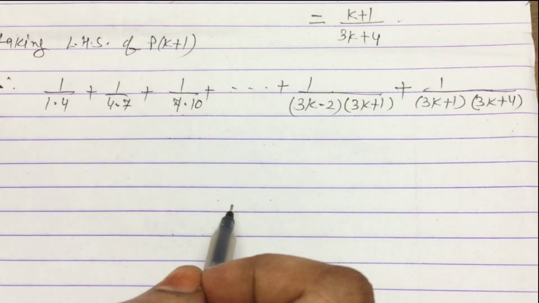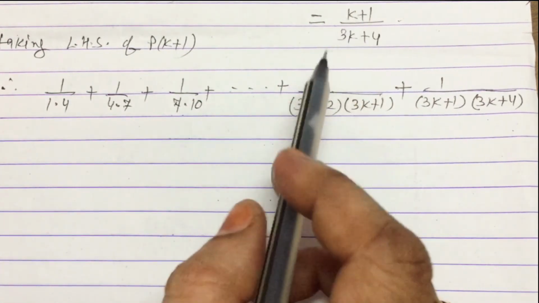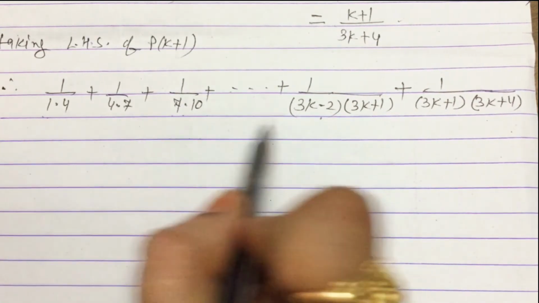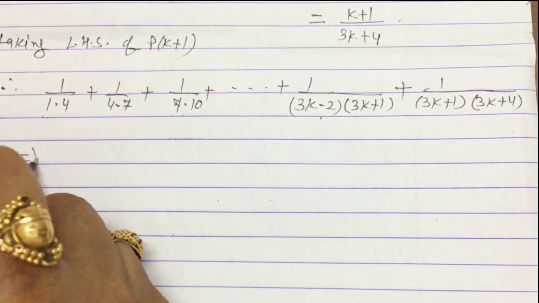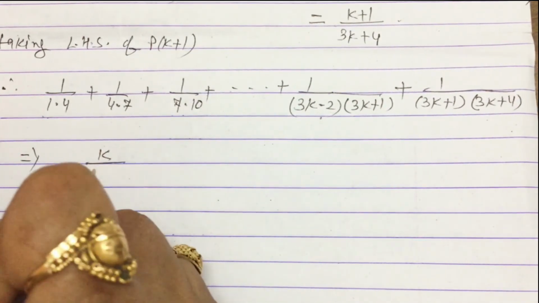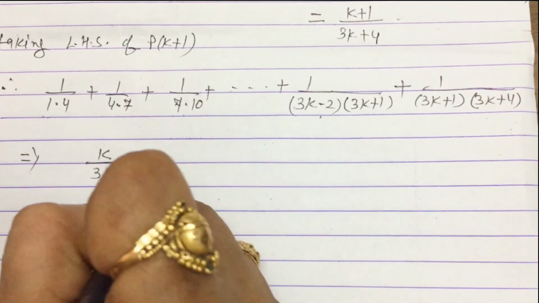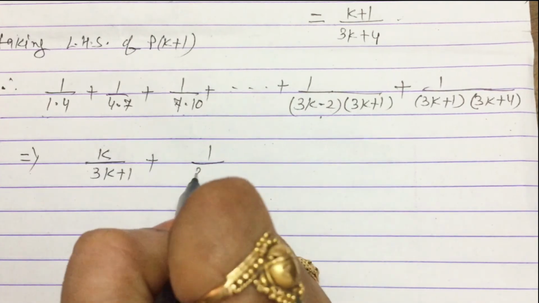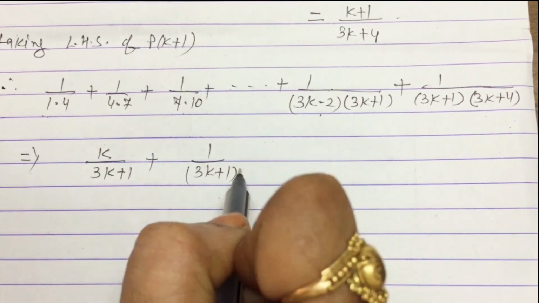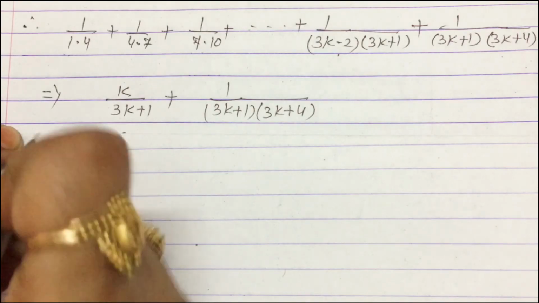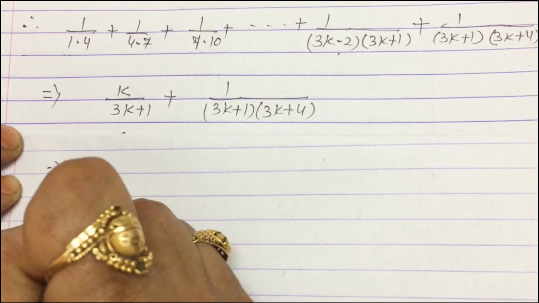Okay, and now using equation 1 substitute the value of these terms. Okay, the terms up to k equal k by 3k plus 1, and now write the next term. It is 1 by 3k plus 1 into 3k plus 4. Okay, now take LCM and solve it.